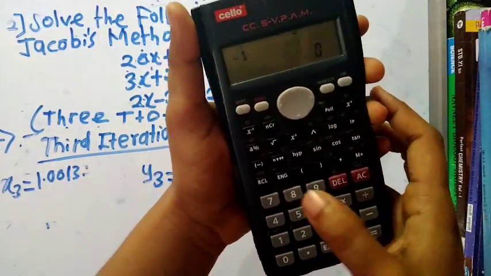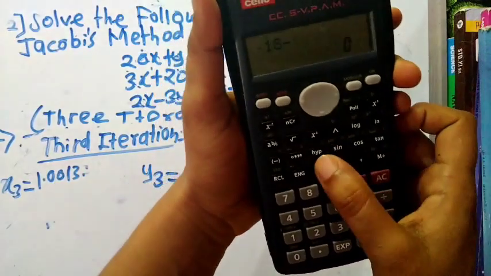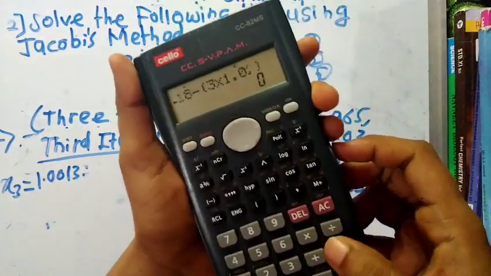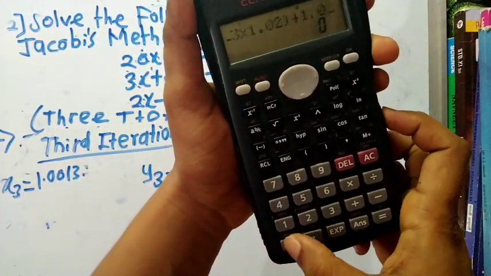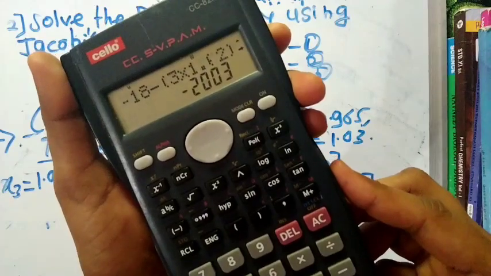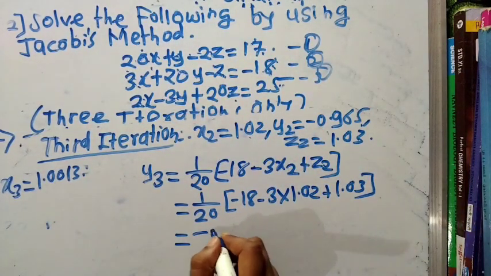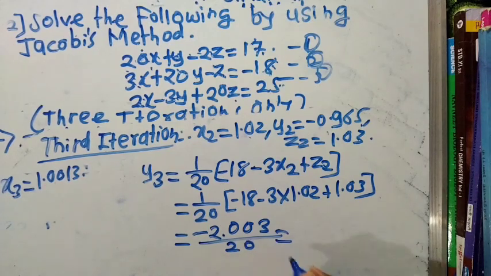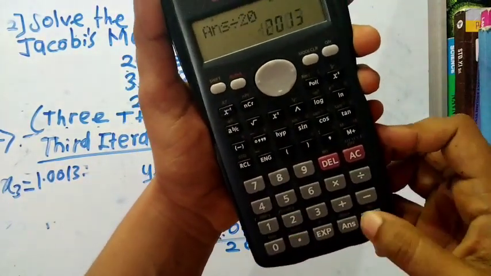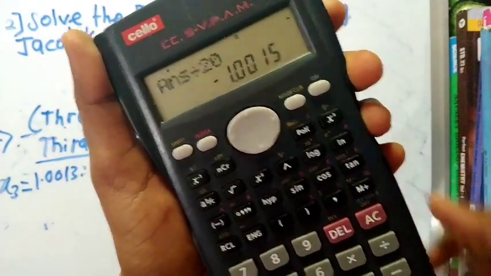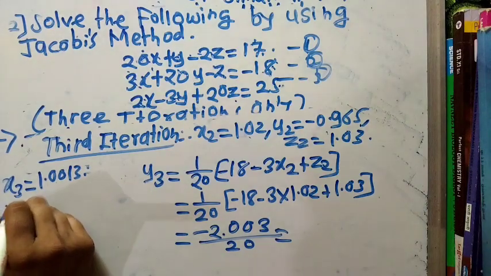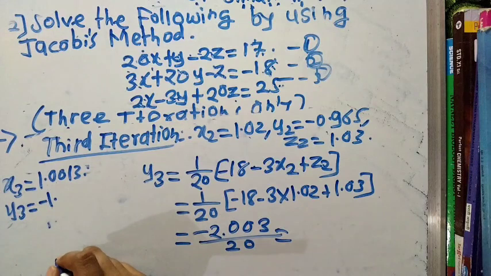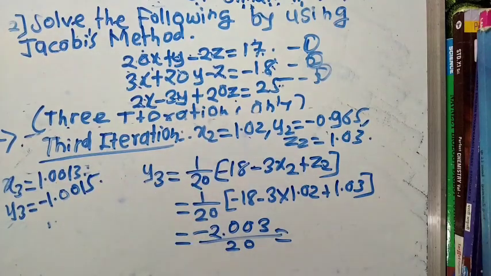Minus 18 minus 3 into 1.02 plus 1.03, which is equal to minus 20.03 divided by 20, which is equal to minus 1.0015.